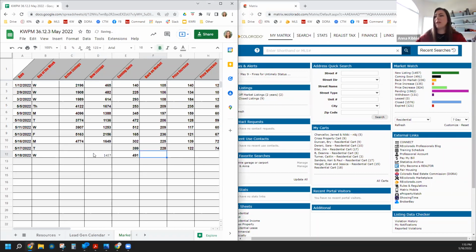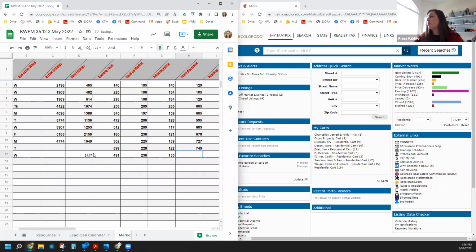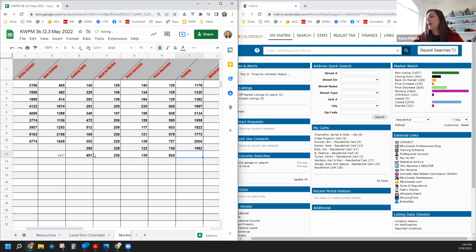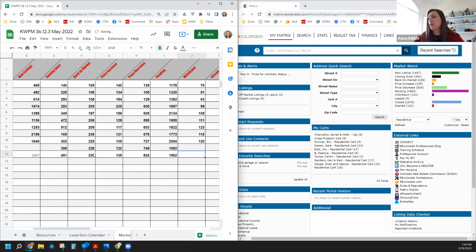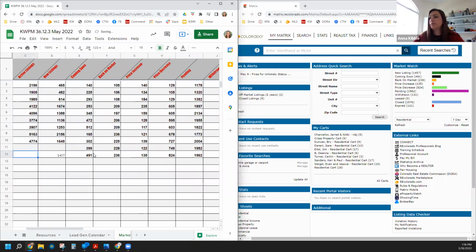So we're seeing that same big jump as we head towards the weekend here, that big increase in coming soons. People are really utilizing that field right now. Back on the market, 236. Price increase, 135. Price decrease, 824, pendings 1962, and then withdrawns 131, closed 1576, expireds 121.